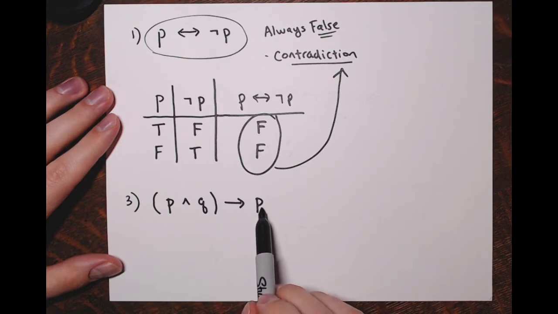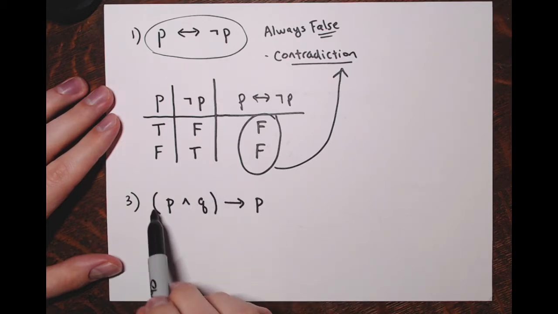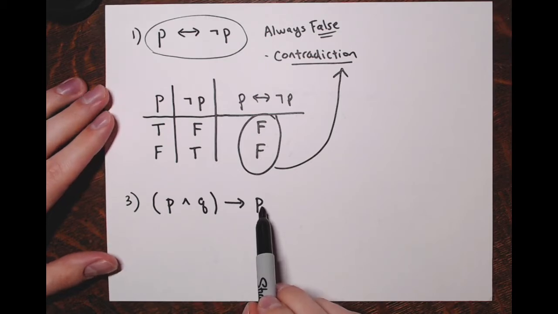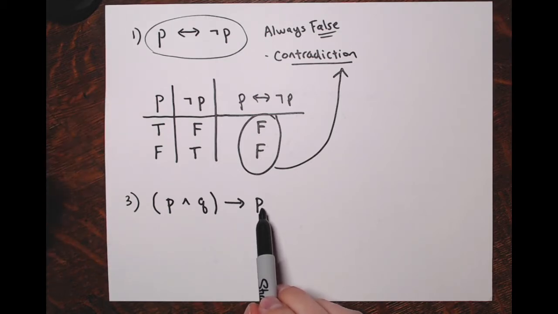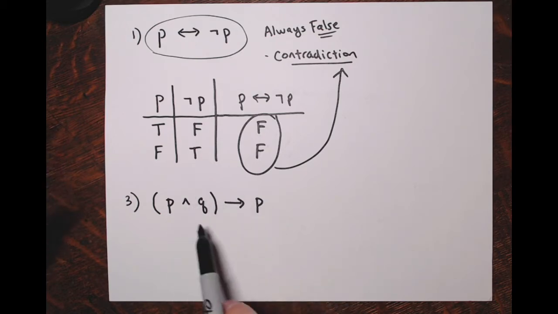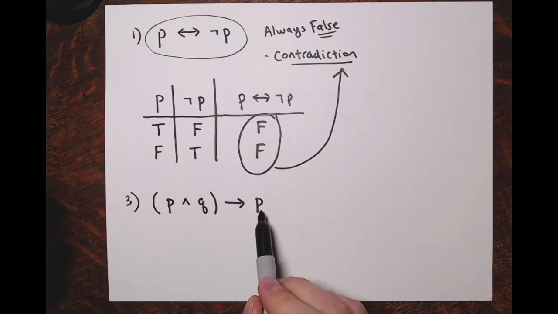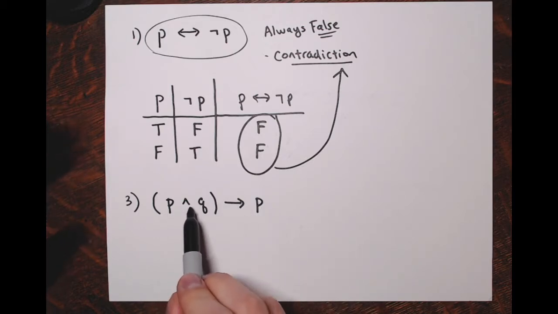Now, when P is true, the whole thing will be true, because remember, when the conclusion of a conditional is true, the statement ends up being true, no matter what the hypothesis was. If P is false, the conclusion will be false, and so will the hypothesis.